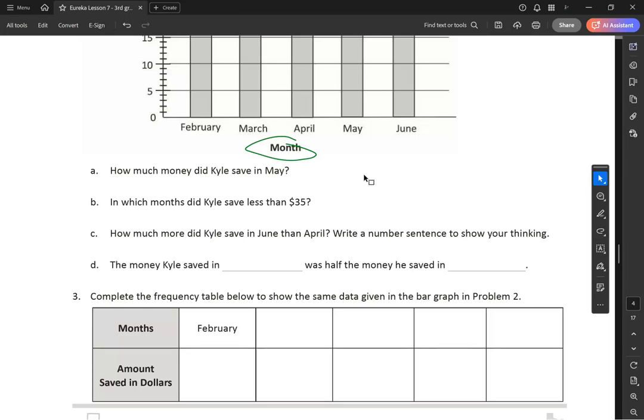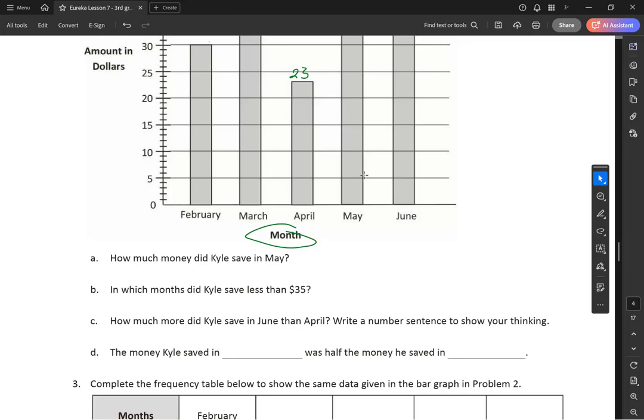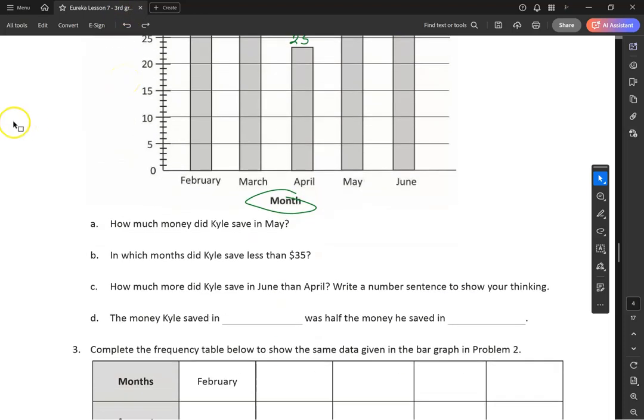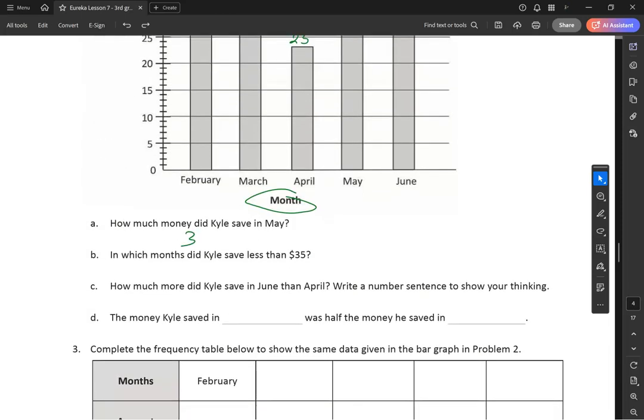How much money did Kyle save in May? Okay, so we look at May, and May says $34. So how much money did Kyle save in May? He saved $34. B, in which months did Kyle save less than $35?